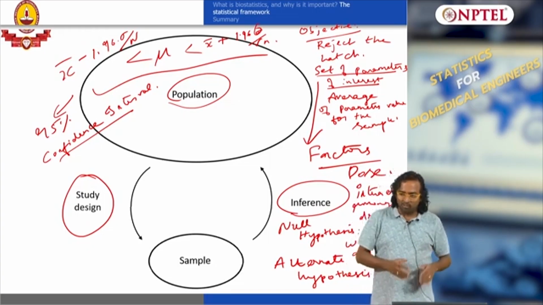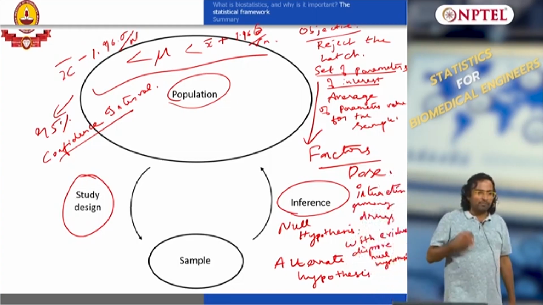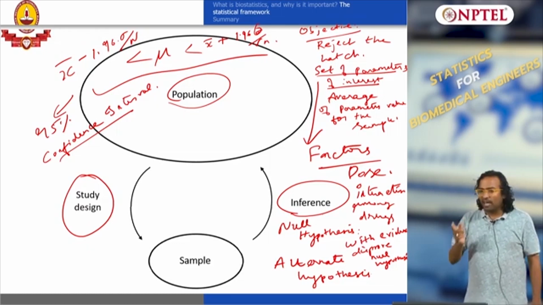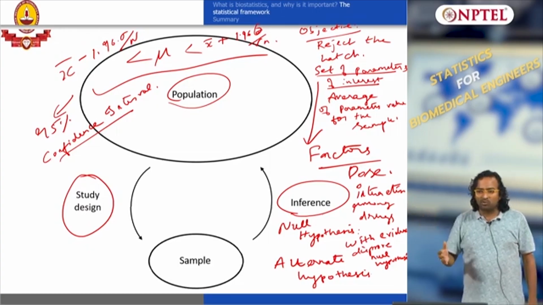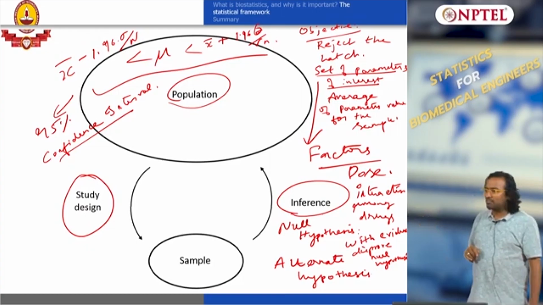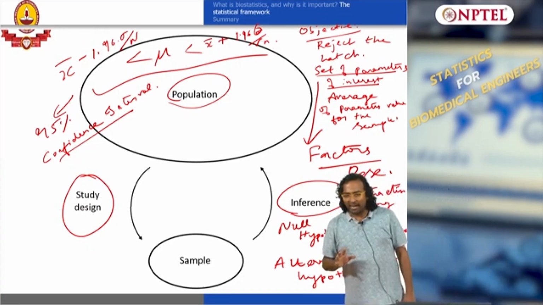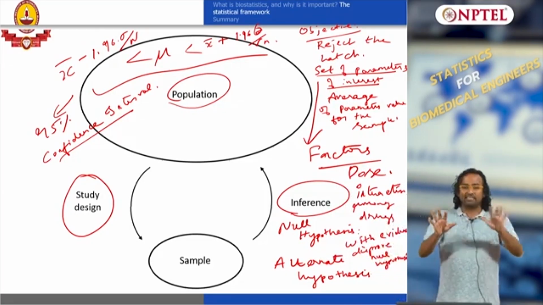Let us say I am talking about a clinical trial: for each person you would have measured 10 parameters after administering the drug. Now how many people would you have done? Let us say 100, 1000 or 10,000, you will have a matrix, a 10,000 cross 10 matrix, right. Now with that I want to make a conclusion, and that is where statistics comes into the picture.